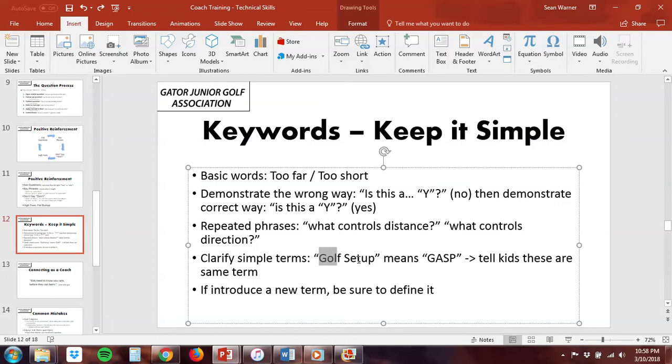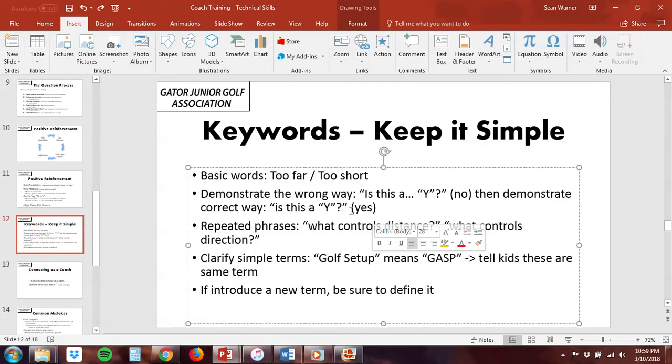Clarify simple terms. Some kids don't even know what a golf setup means. To us adults, that sounds very, very simple, and of course students know what that means, but they don't necessarily. So make sure you say, when I say setup, that means grip. Likewise, the word alignment is kind of a big word, and a 6, 7, 8-year-old probably isn't going to know what alignment means.